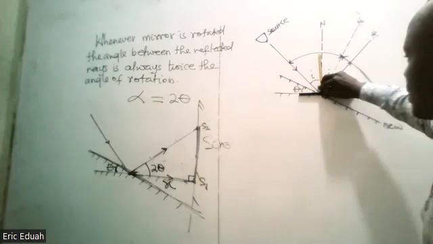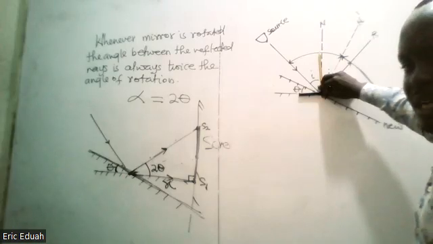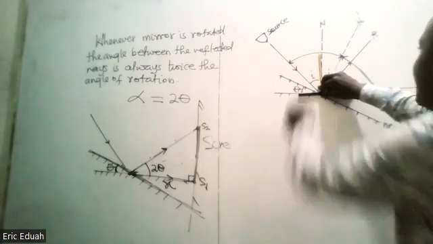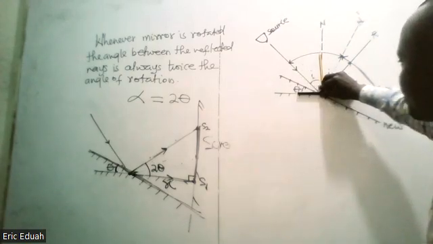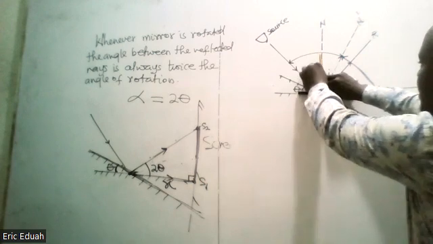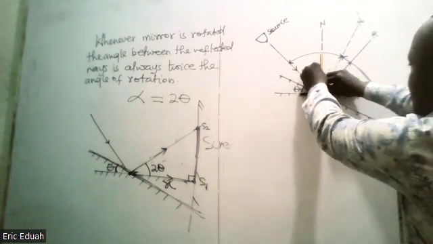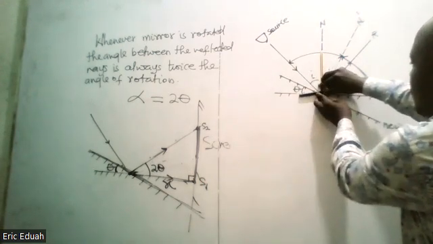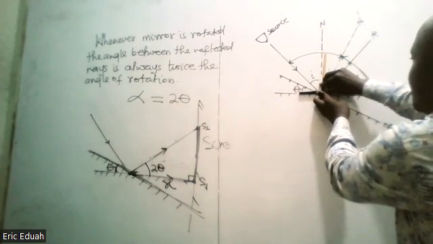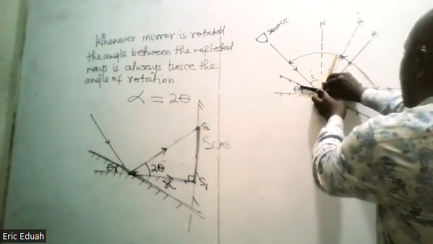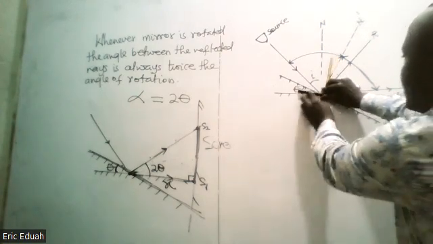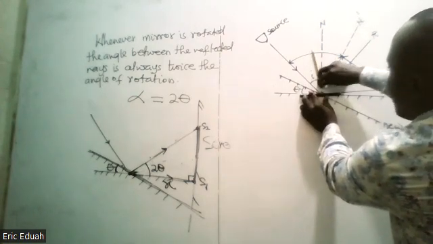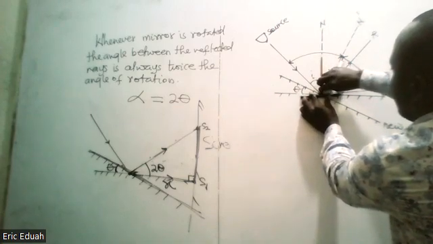Okay, so this is the original position of the mirror, and then the normal to it. I'm rotating the mirror through an angle theta. Look at what happened. As I rotate the mirror, the normal also changes. So you rotate the mirror through an angle theta.